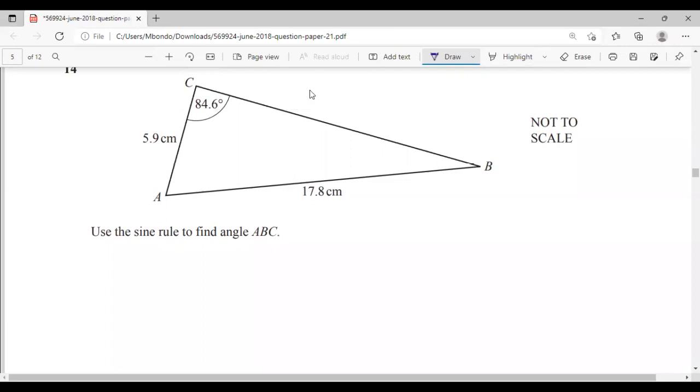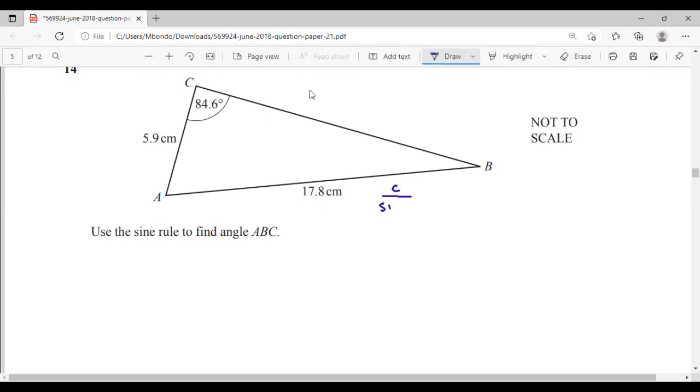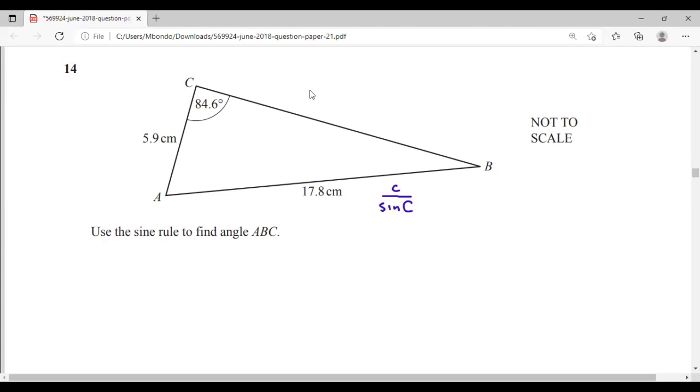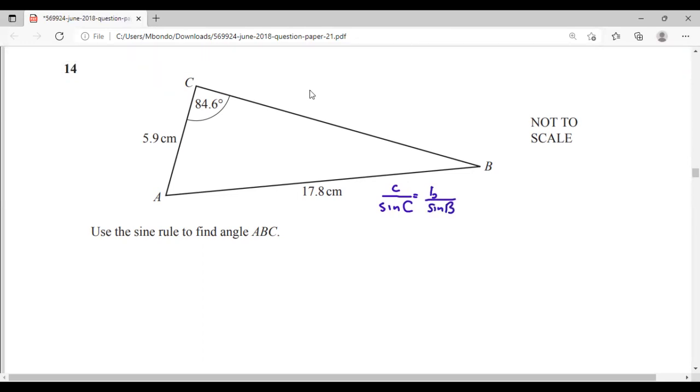Okay, so we are using sine rule to solve this. So first of all, we need to write the sine rule: small c over sine C is equal to small b over sine B, isn't it? We need to know that the angle they want is this part here, B. Small letter c is this one, the one opposite to that angle.